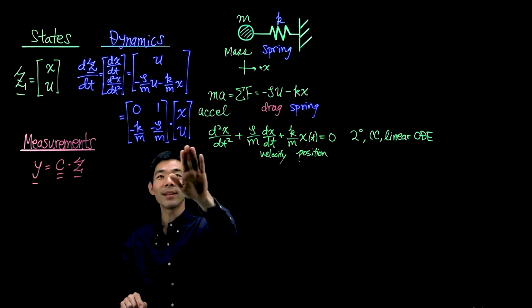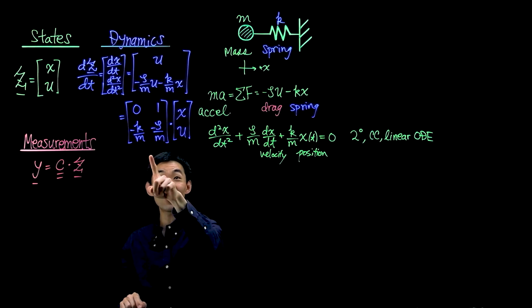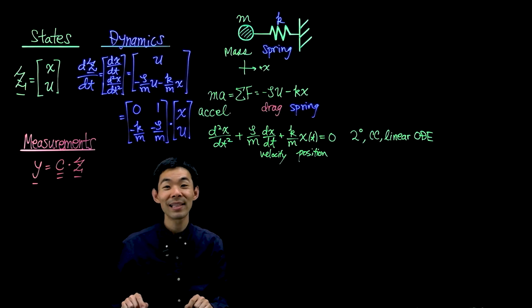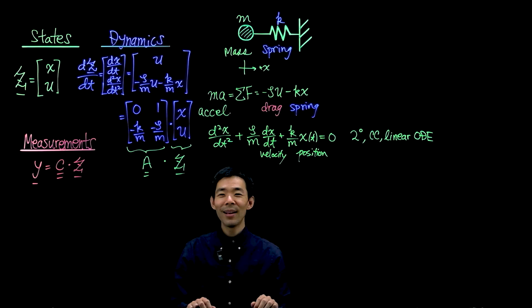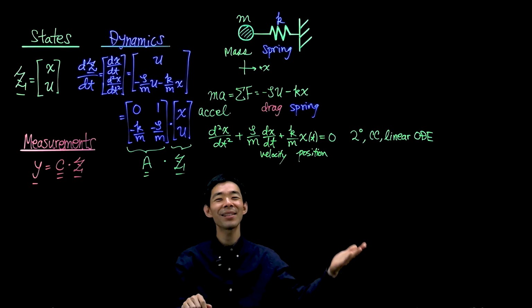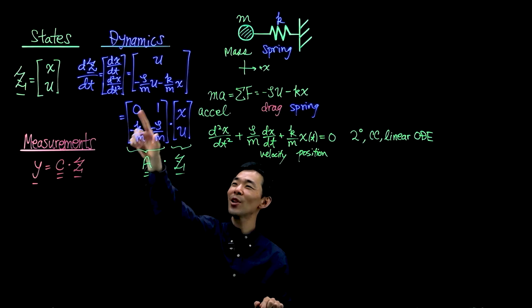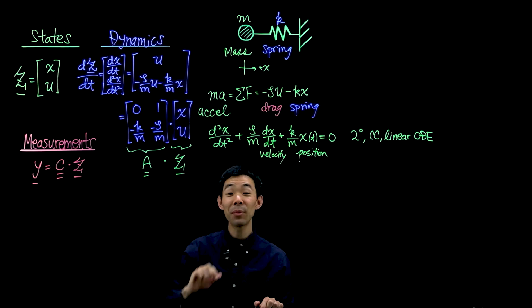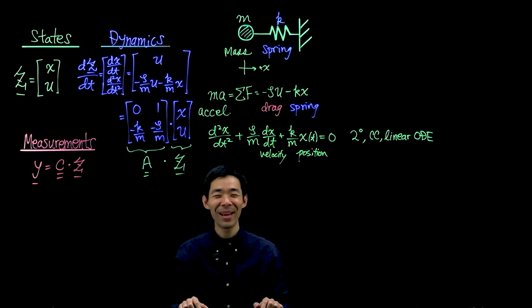Therefore, you can write this as a matrix times your states z. So what you ultimately have is a linear system where your next state is just a matrix A, called the state transition matrix, times your states z.